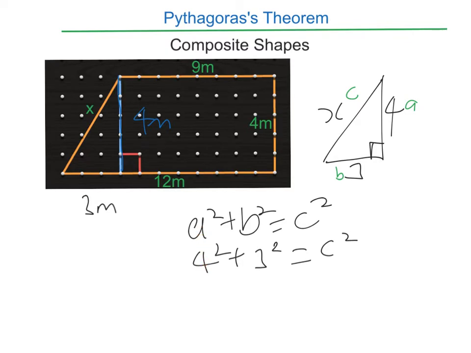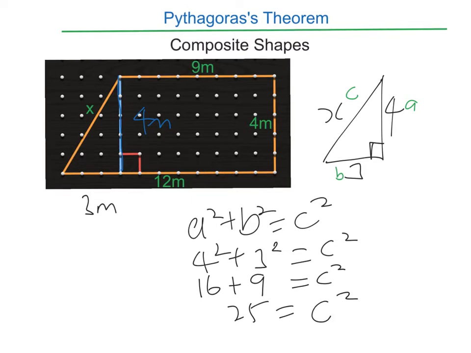Looking at my formula now, what I need to do is get C by itself. To do that, I can work out the numbers on the left-hand side, because I know that 4 squared is 16 and 3 squared is 9, so that's made it a bit easier. Oh, and 16 plus 9 is 25, so 25 equals C squared.